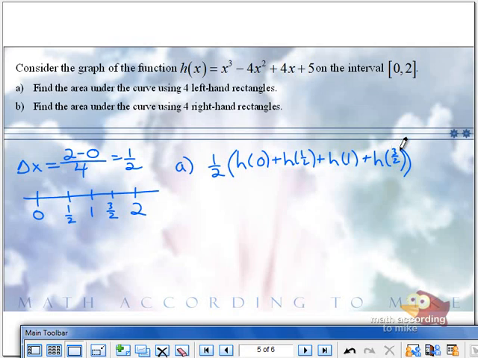Is that okay? All right, so if you would find the numerical value for A, do the same thing for B. And then we'll rewrite it using integral notation. What do you get for h of 0? 5. H of 1/2?